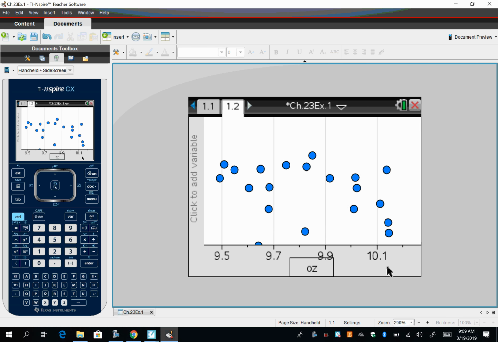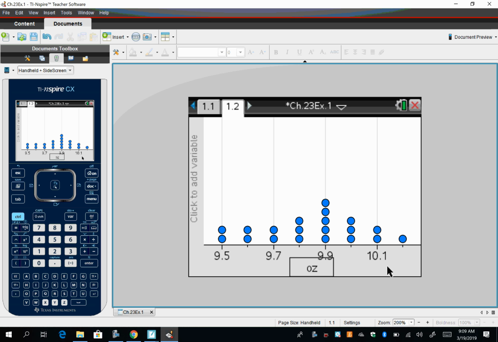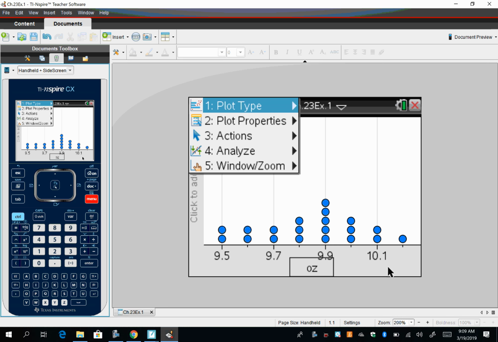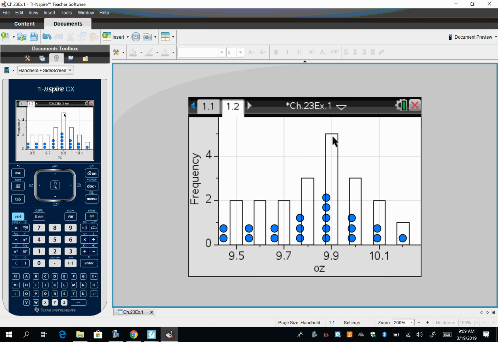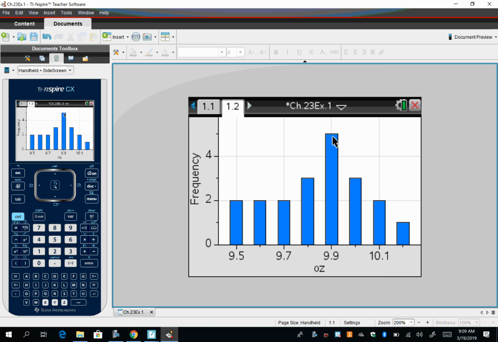Do you remember what this is called? Just for fun. A dot plot. Nice job, Juliana. Well done. Now, do you see I have gaps in my bins? I don't want gaps. I'm going to change that real quick.